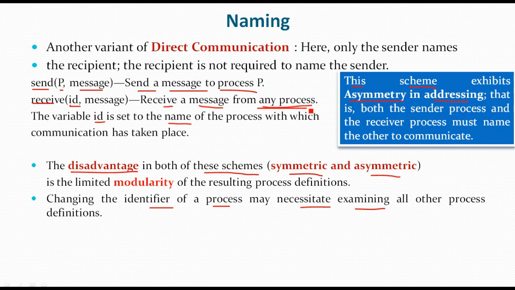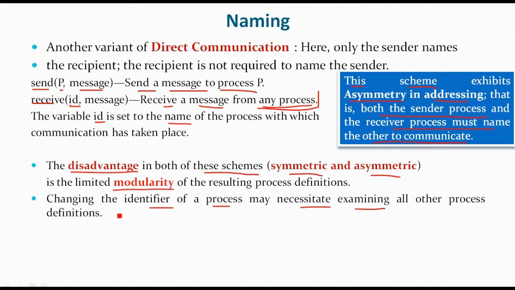This is asymmetry in addressing, that is, both the sender process and the receiver process must name the other to communicate, but we are mentioning the ID, but exactly we are not mentioning the name, right?